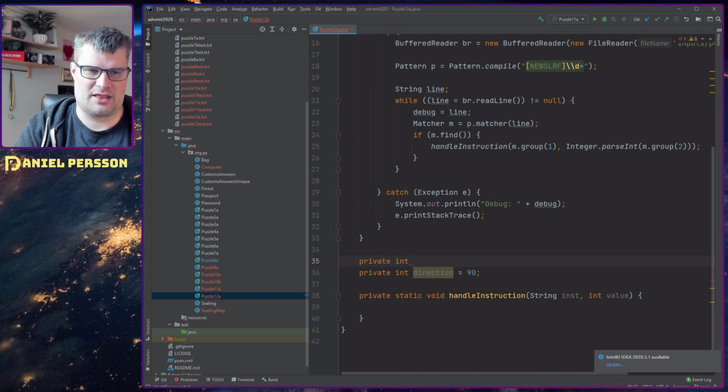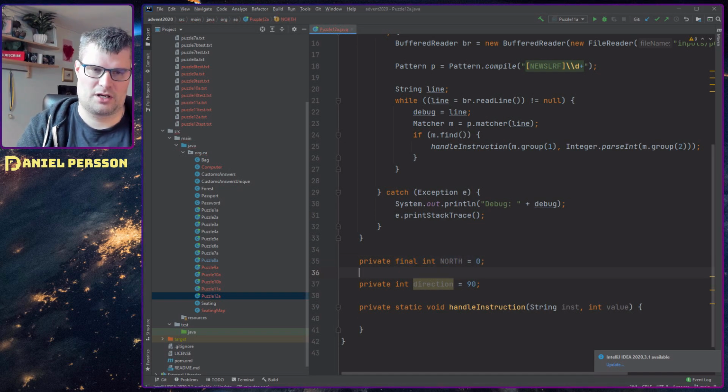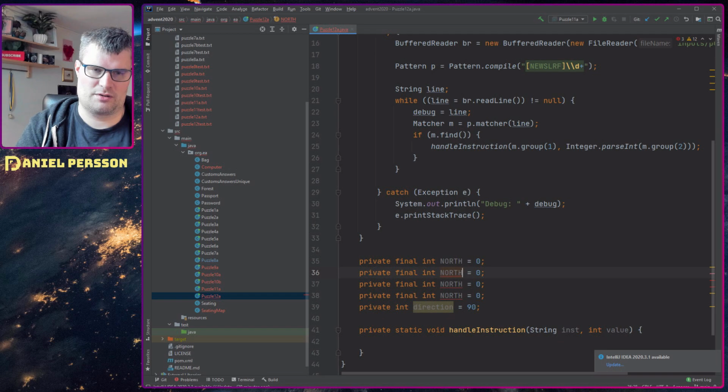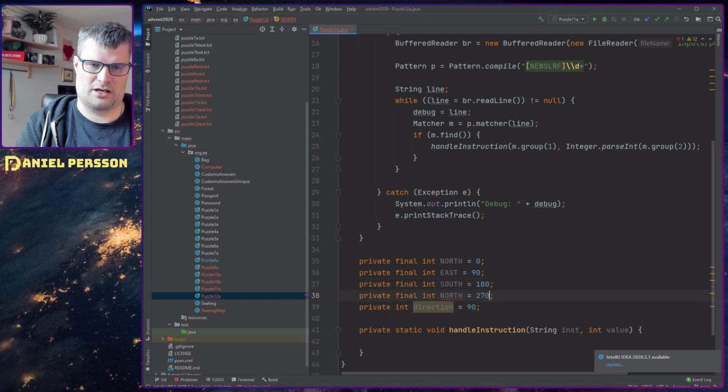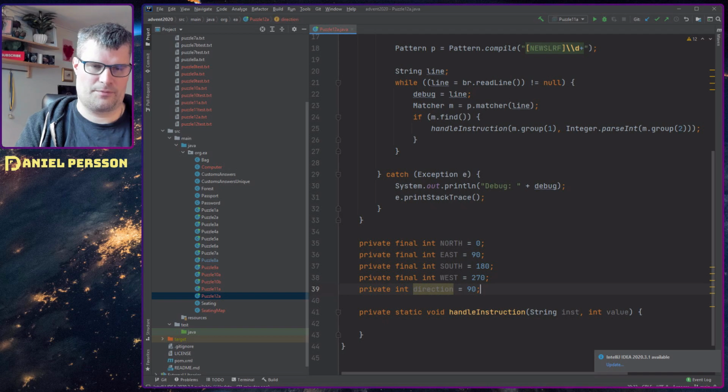Then we can say that this final int of north is 0. And we can do a few of those. So east would be 90, south would be 180, and 270 would be west then. So we can have those directions ready to go.